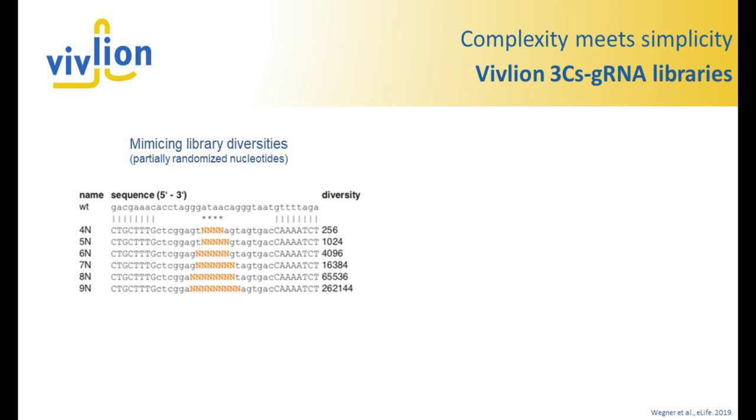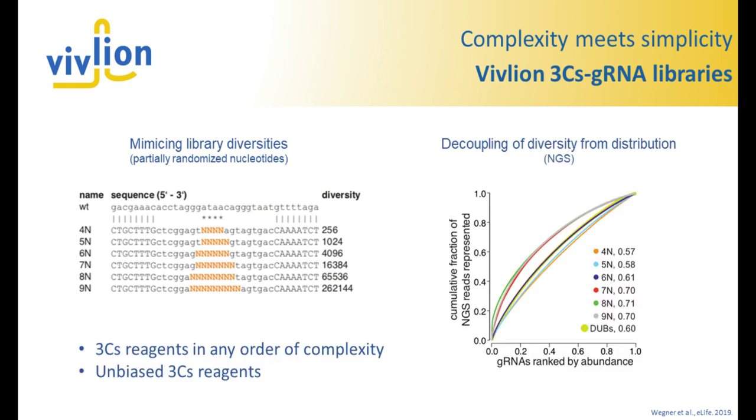So the beauty here is that these individual oligonucleotides can be purchased from any oligonucleotide provider, and they guarantee you the full diversity. And so we ordered those 6 oligonucleotides, performed the synthesis, and also sequenced these reagents, and this is shown here on the right side. Again, this is the Lorenz plot showing uniformity of these reagents, and I hope you appreciate that the reagents were full, complete, and very nicely distributed.